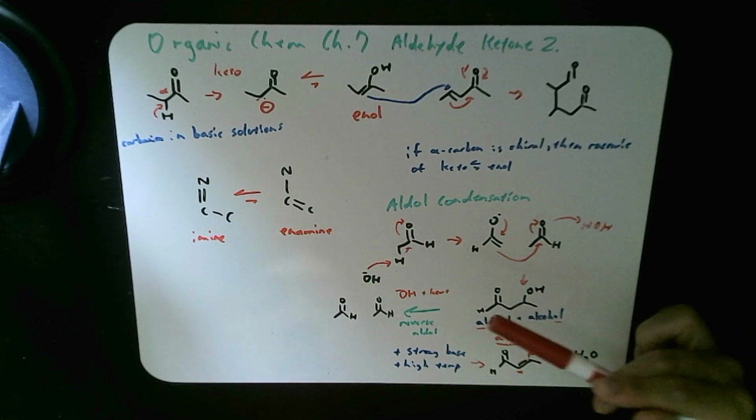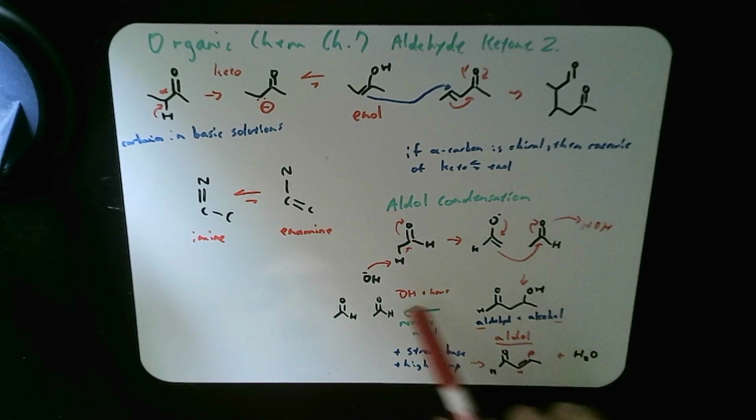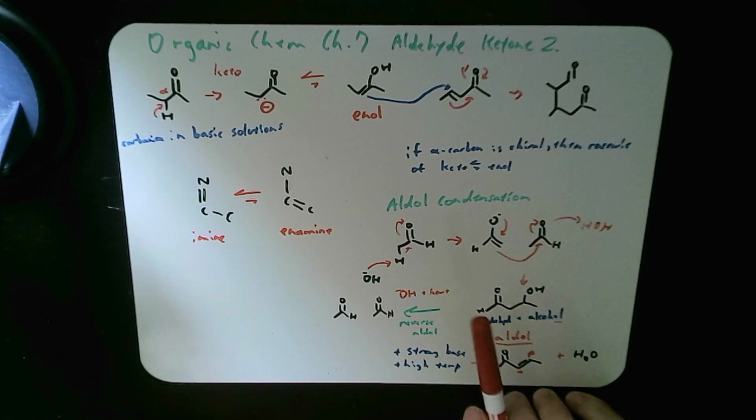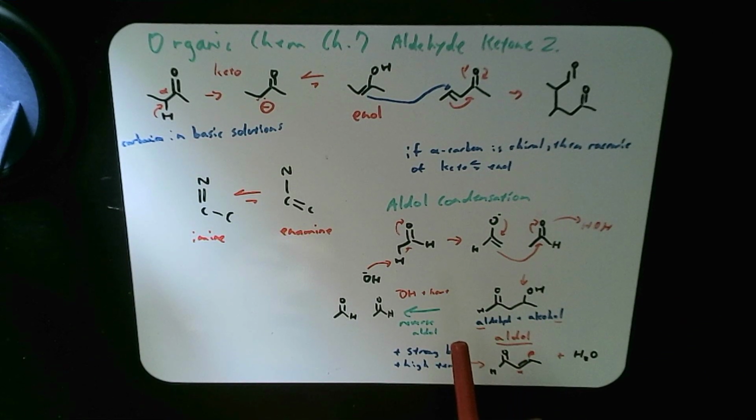We can reverse the aldol reaction by adding base and heat, filled with water, so it will cause a hydrated base, and split the aldol into the aldehyde and alcohol, which generally just go back to the aldehyde because the alcohol will lose the H to the base and then turn back into a carbonyl.